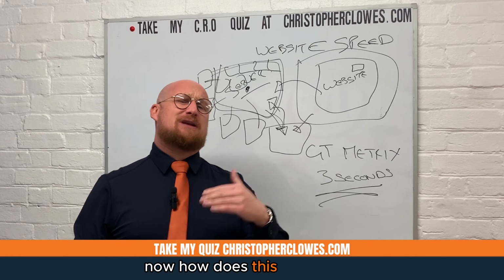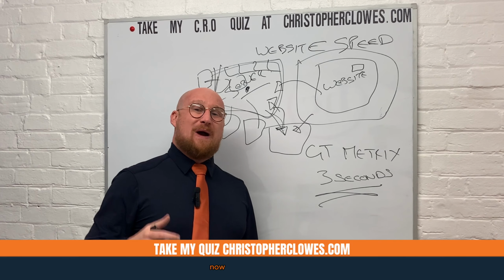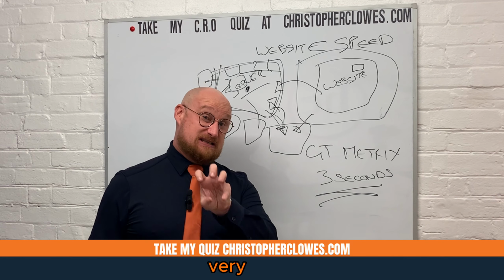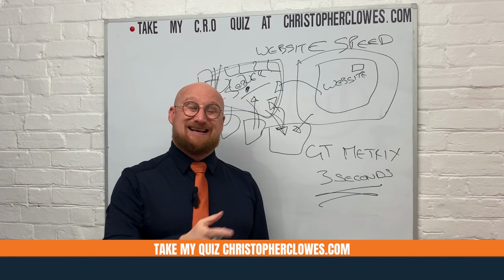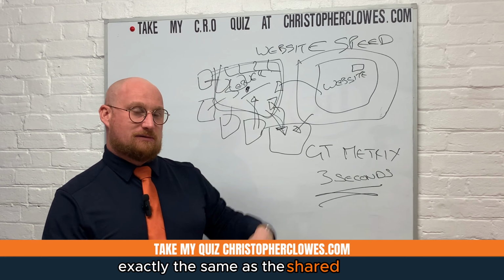Now, how does this relate to AI? AI is very, very simple and very similar, because you might have a platform, but they're all pulling back to the same server, exactly the same as the shared server.